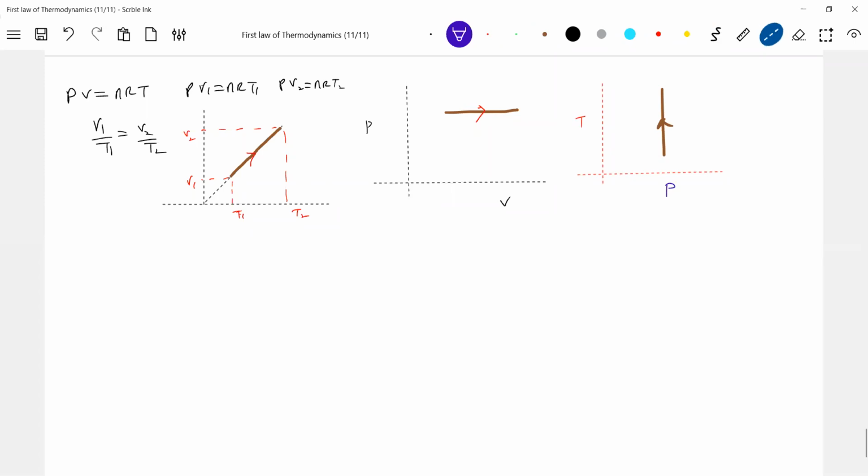Now, here, internal energy versus density. What about internal energy versus density? I'll say rectangular hyperbola.